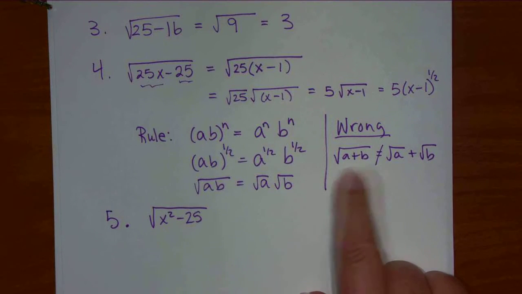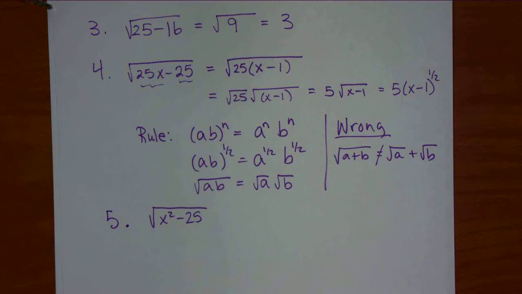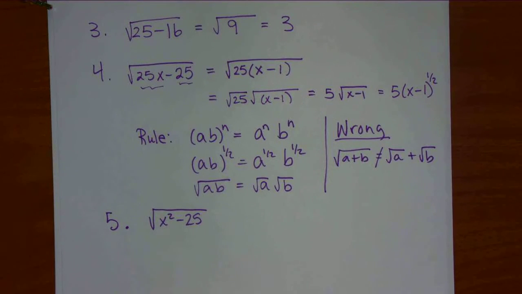You can't split them up. No, I don't mean like splitting them up, but you can still take the square root of x squared to be x, right? No. Because there's not a square root over the x squared. It's over x squared minus 25. Nothing. There's nothing you can do. Although it's tempting because both x squared and 25 have a square root, but they're not separated.